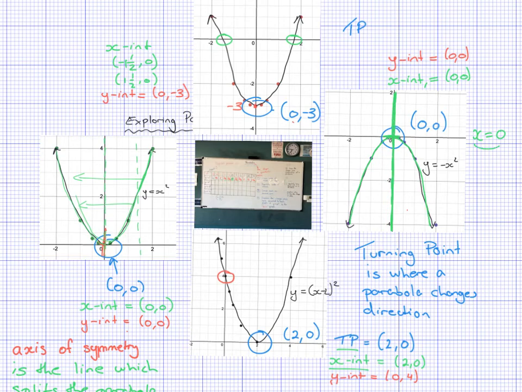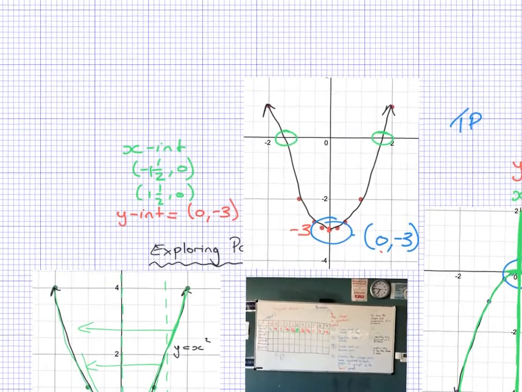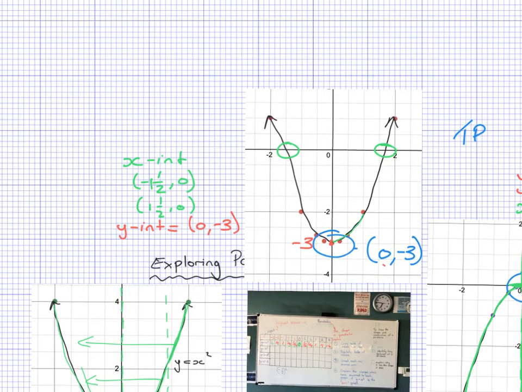So the axis of symmetry is always defined as a vertical line, the equation of which is x equals something. All right, so the top one up here, again, you can see that the right-hand arm is there, the left-hand arm is there, and the axis of symmetry is pretty clearly still along that y-axis. So the axis of symmetry is x equals 0.